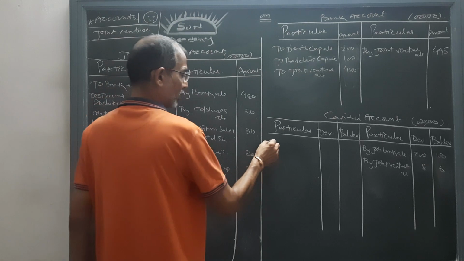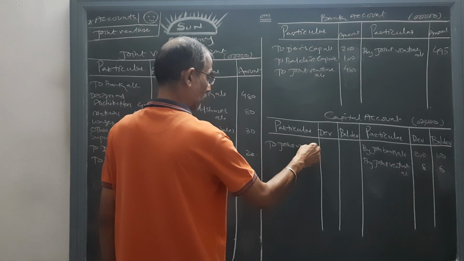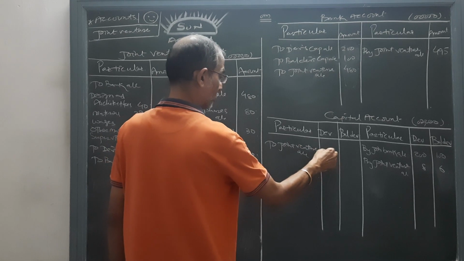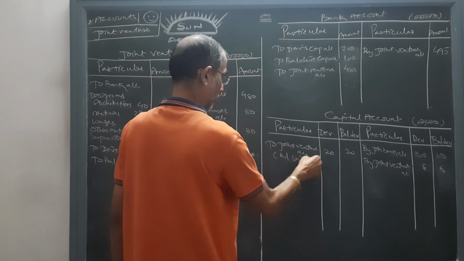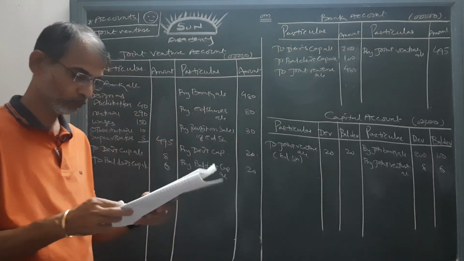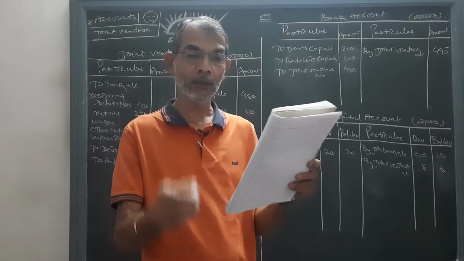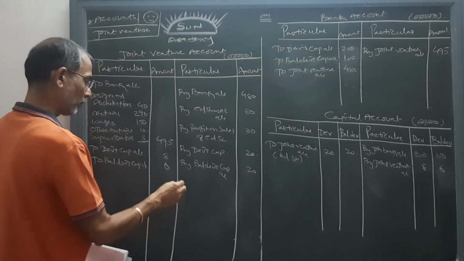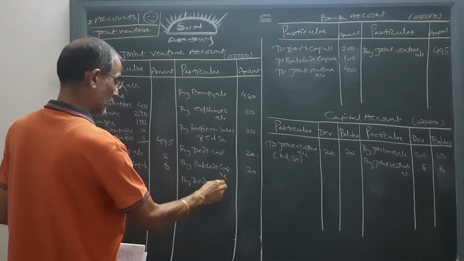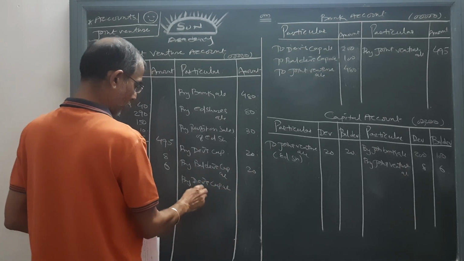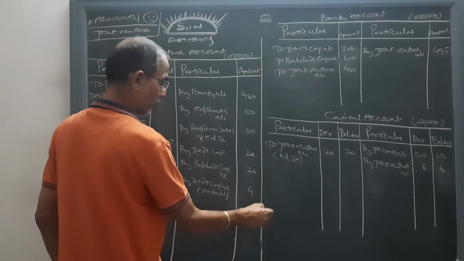Now on the debit side of the capital account, to joint venture account 20 equity shares. Material costing 4 lakh was taken back by Dev, by Dev's capital account, material of rupees 4.